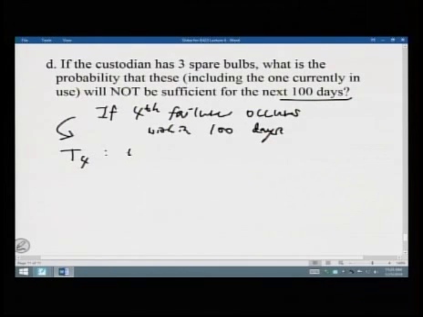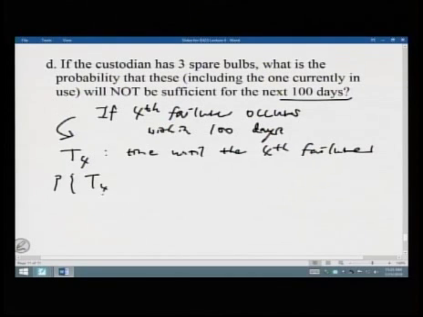That is the time until the fourth failure. Okay? Then the desired probability is T sub 4 is what? T sub 4 is less than or equal to 100 days, within 100 days.